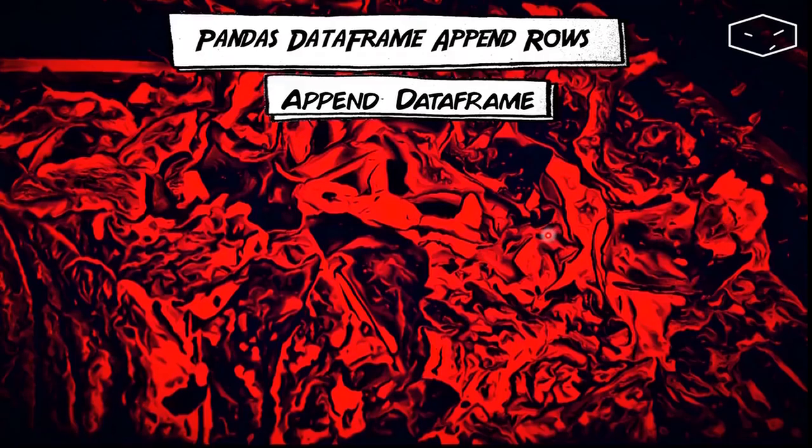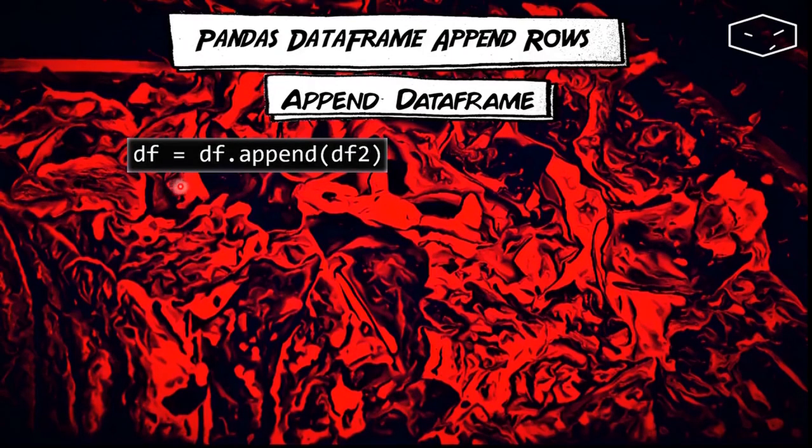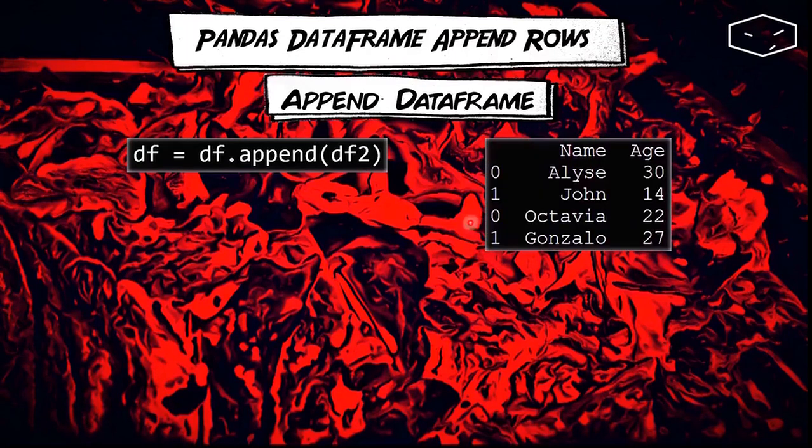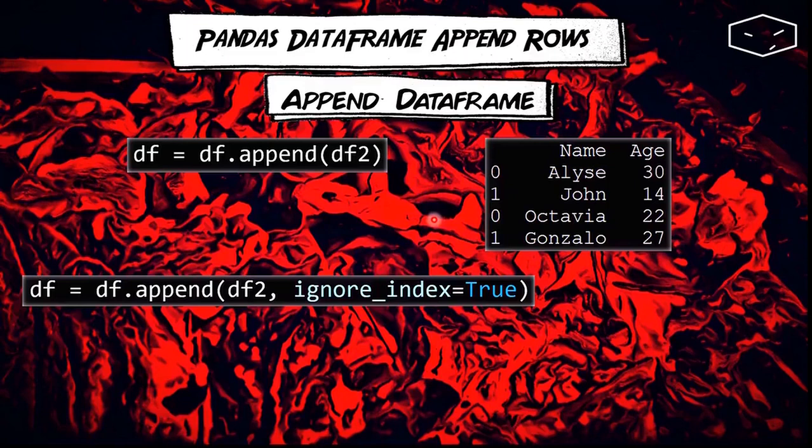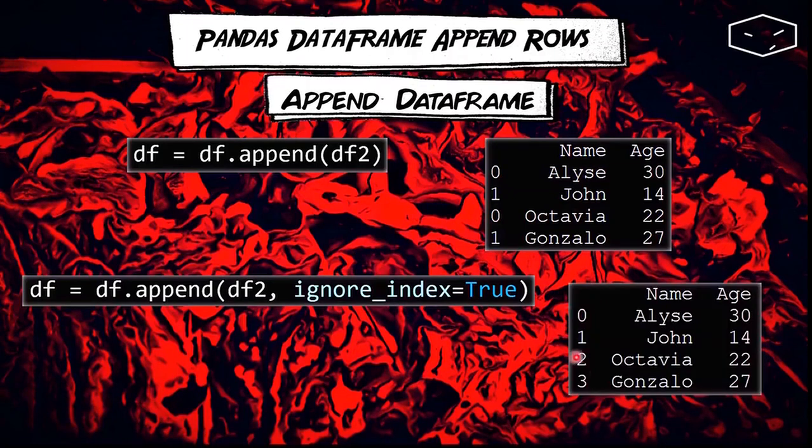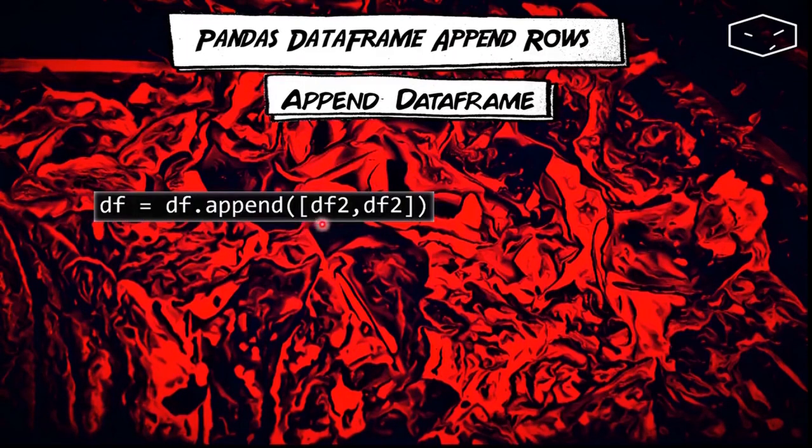Okay, let's review. To append data frames, we just need to call the function append over our data frame and pass the new data frame that we want to append. The result will be this. It will not make new indexes, so to make new indexes we need to add another parameter, ignore_index, and the result will be this. Also we saw that we can pass a list with data frames that we want to append.